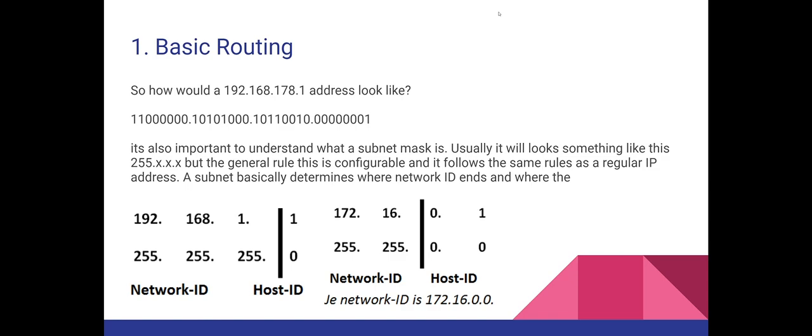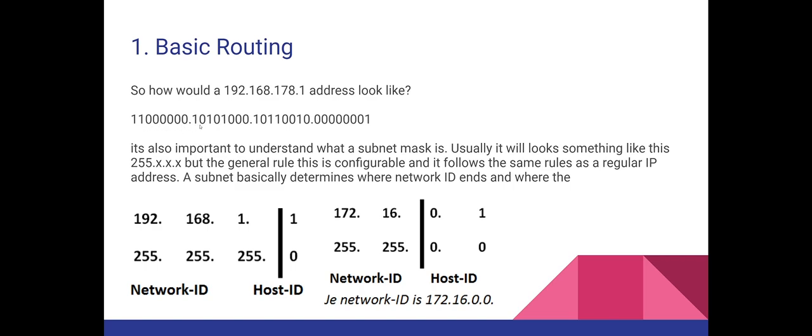So how would an address of 192.168.1.1 look like? If we look at the way it's laid out, 128 plus 64 is 192. Then there's all zeros, so we don't have to do anything with that.